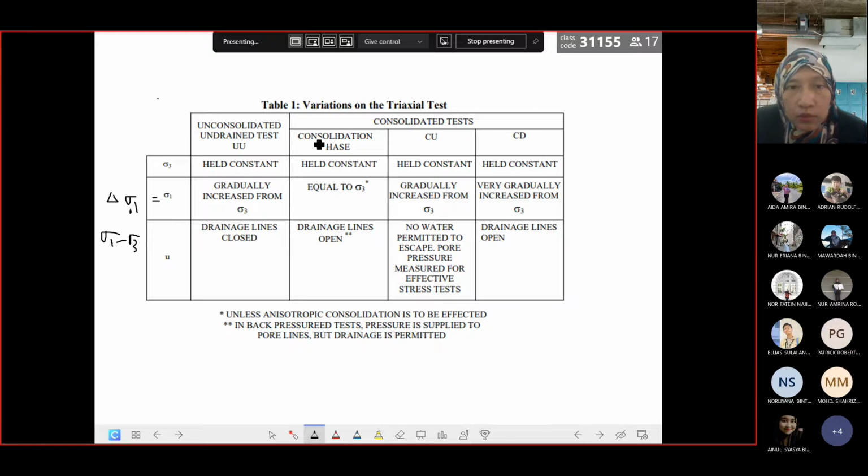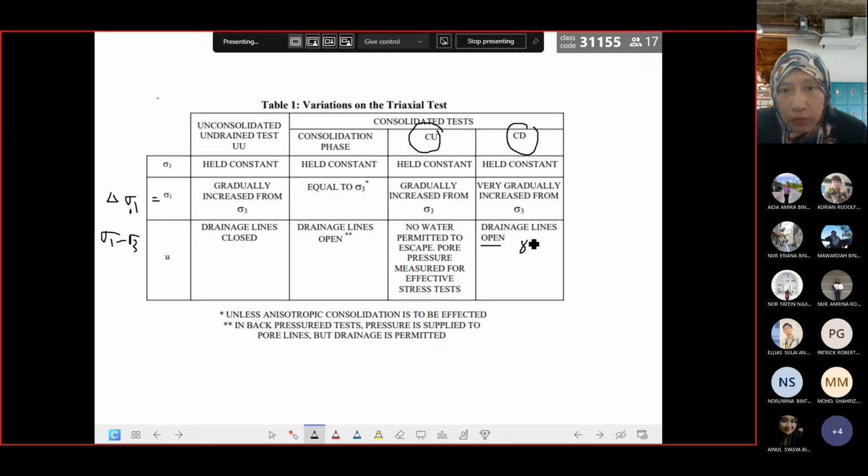So in this part also it tells you that kalau you tengok sini ketiga-tiga types of triaxial test, sigma 3 constant. Tapi yang berubah tu adalah sigma 1 dan juga pore water pressure. Sama ada dia dalam keadaan undrained condition ataupun dalam keadaan drained conditions. So for drained condition during the shearing stage ni, you akan buka drainage valve.